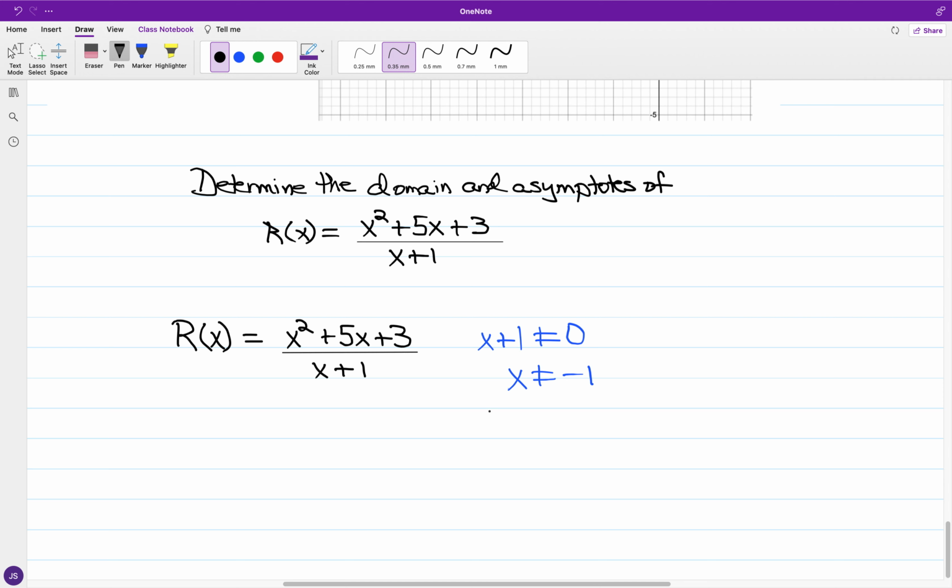So for the domain, we have those values x such that x is less than negative 1, and also those values of x such that x is greater than negative 1. This particular ratio is already in simplest form.